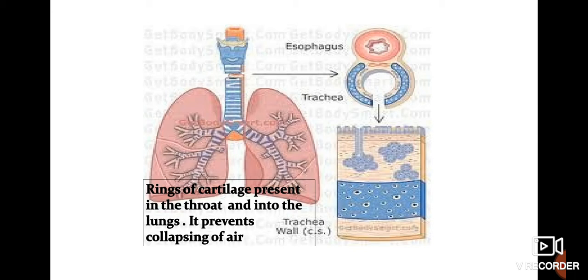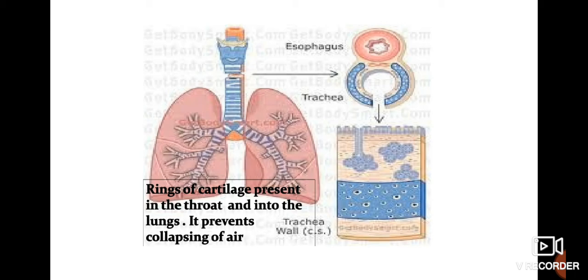Within the larynx, there are vocal cords. When air passes through them, the cords start to vibrate, and as they vibrate, sound is produced. That's why the larynx is known as our vocal box or voice box.